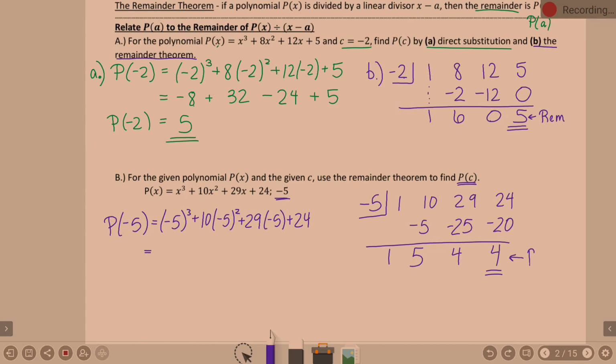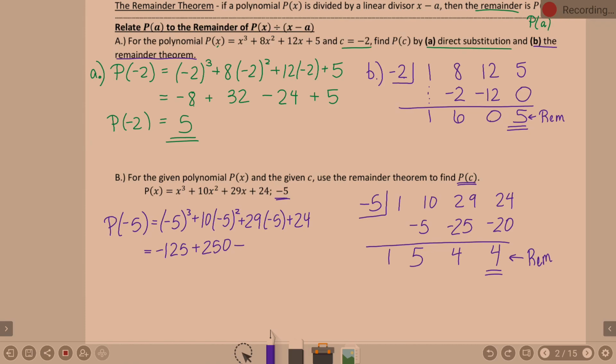Now, did anyone finish this way out? Negative 5 cubed would be negative 125. Negative 5 squared would be 25 times 10, so that's plus 250. 29 times negative 5 is not on the top of my brain.